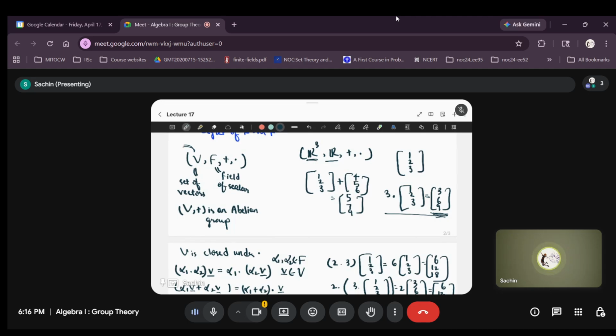For example, Z mod kernel phi is isomorphic to a subring of the codomain. That property need not have been about Z.